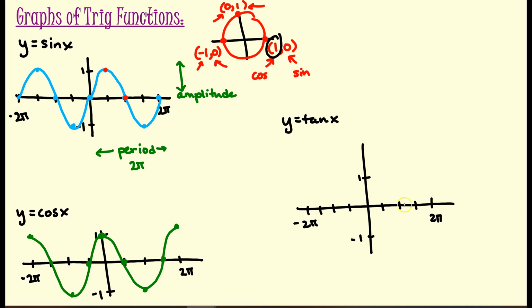So let's see, on the x-axis this would be pi, so this would be pi over 2. There's a vertical asymptote at pi over 2, that's where tangent is undefined, so we draw a dotted line. And also every pi units from there, so at 3 pi over 2, at negative pi over 2, at negative 3 pi over 2, and so on and so forth. And then in between we have these curves that look like this.